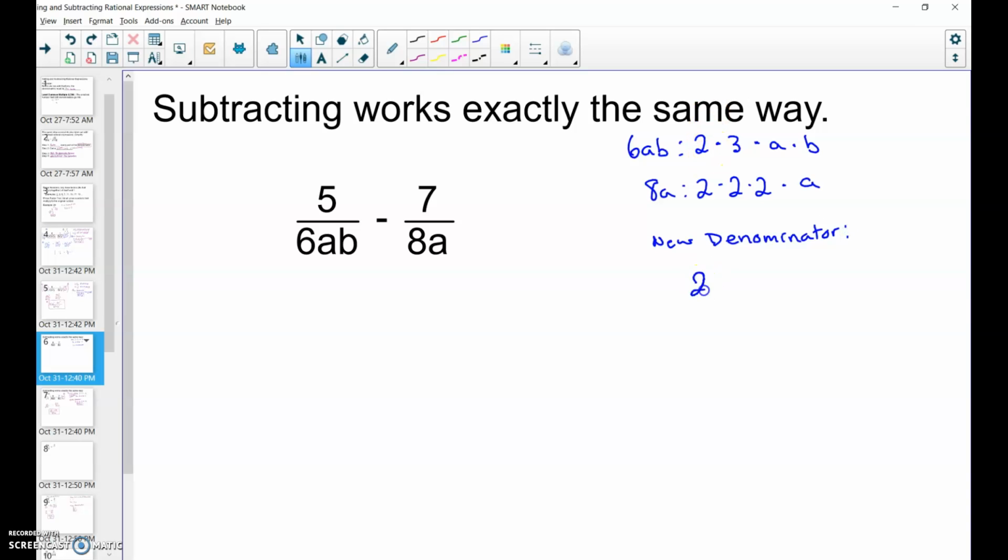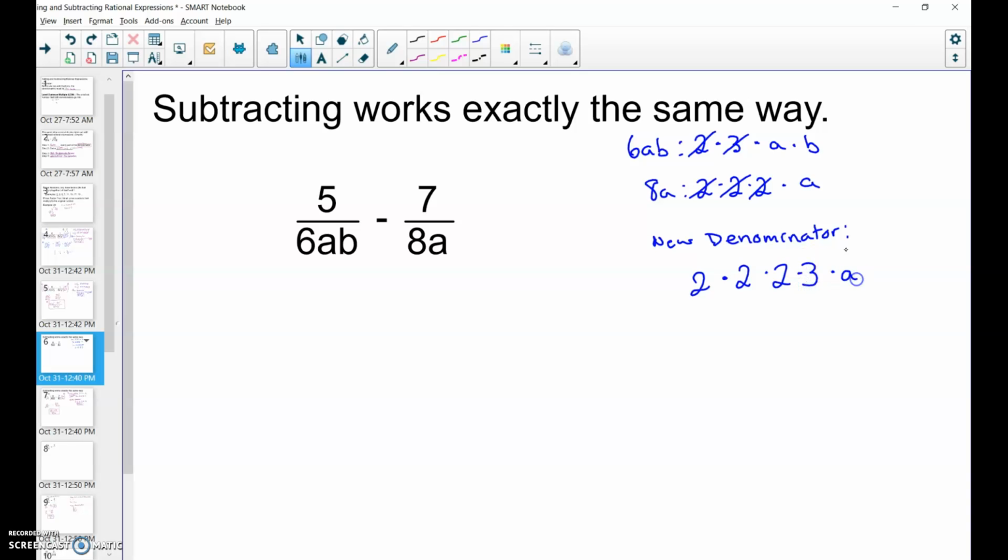I need a 2, so I can cancel that out. I need another 2, another 2. Okay, I'm jumping between denominators to try to keep the numbers in order. Then I need another 3. Okay, so that takes care of all of my numbers.